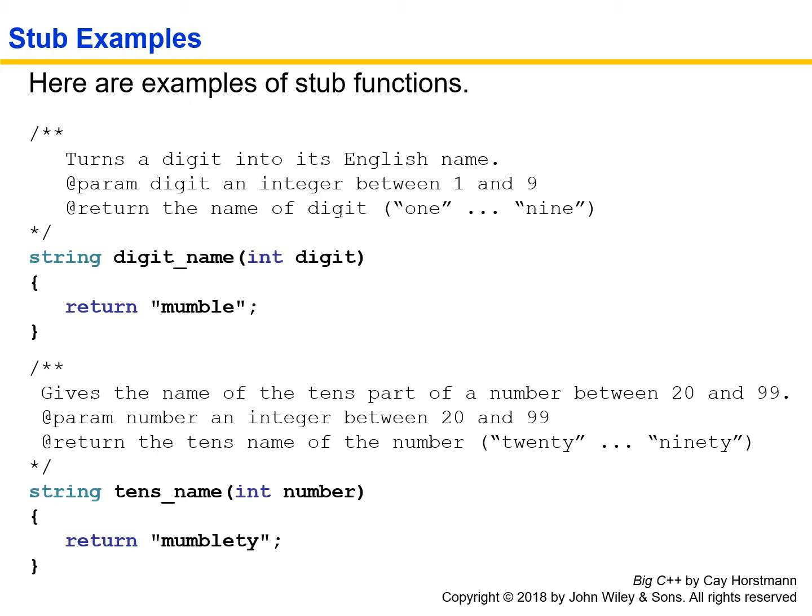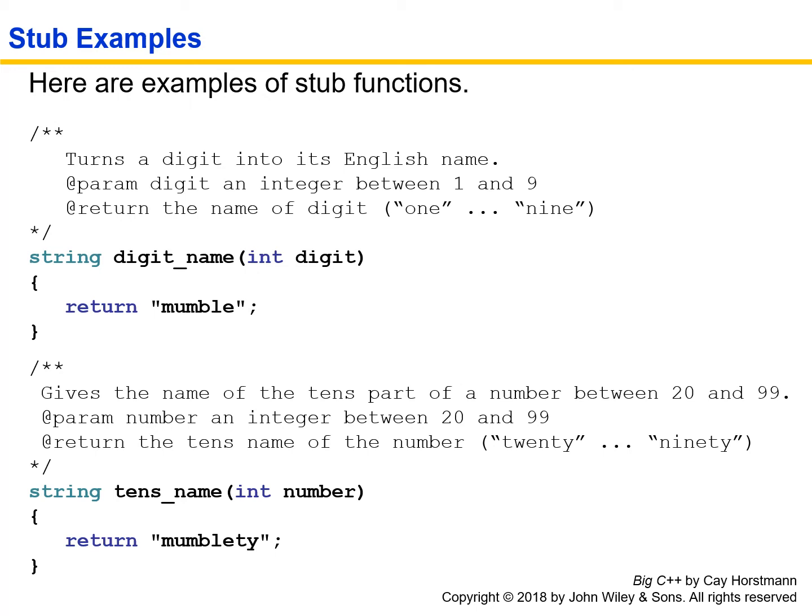Examples of stub functions from the program we just wrote, the digit name, tens name thing. A digit 1, 2, 3, 4, 5 maybe sounds a little like mumble, or that's what they're going to go with here.